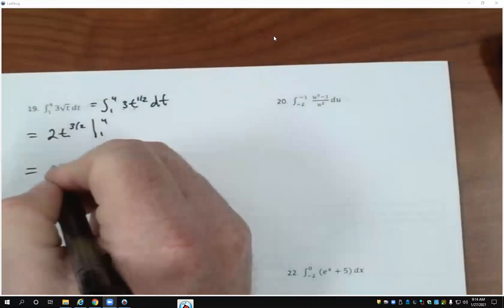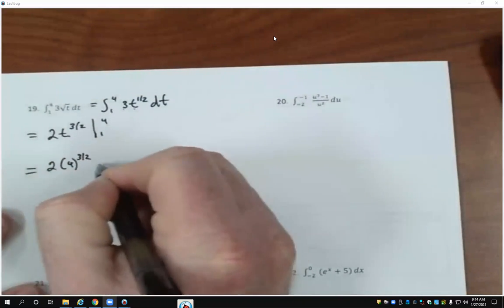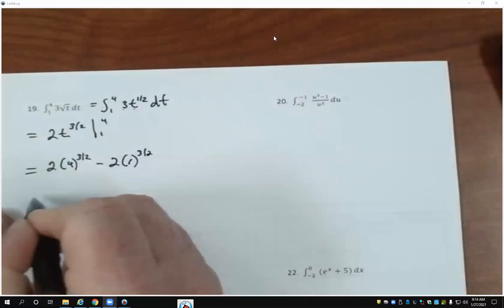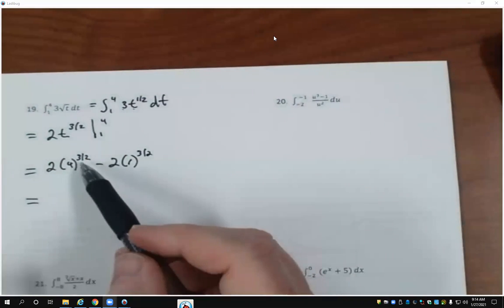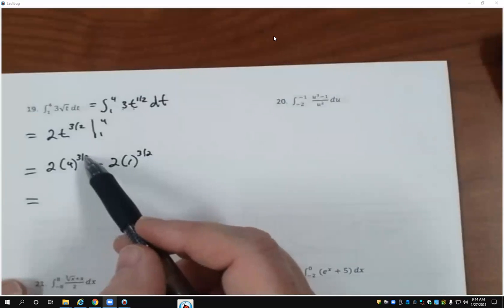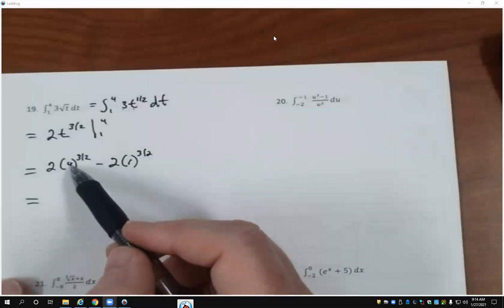All right, so now we're going to plug in our 4. 2 times 4 to the 3/2 minus 2 times 1 to the 3/2. You should recall that when I'm raising to a fractional exponent, this is the root and this is the exponent. So I'm taking the square root of 4, which is 2.